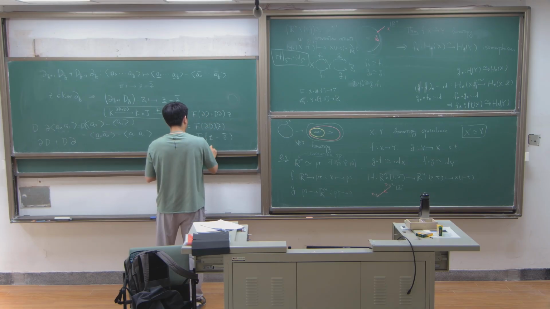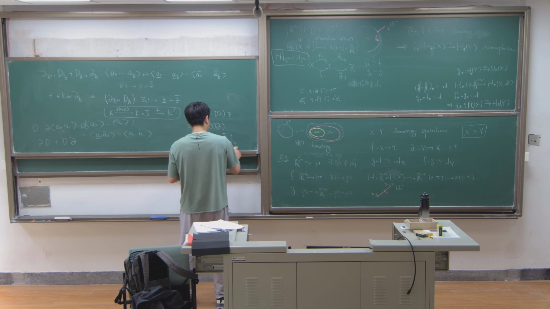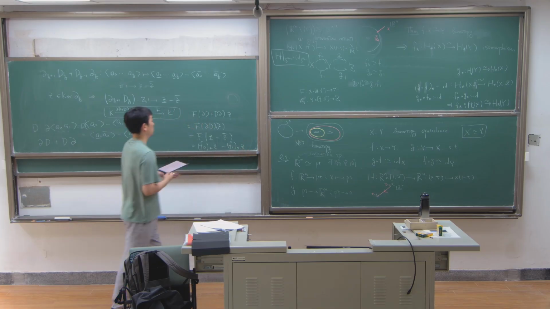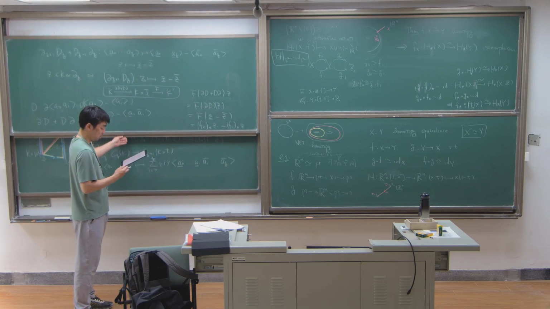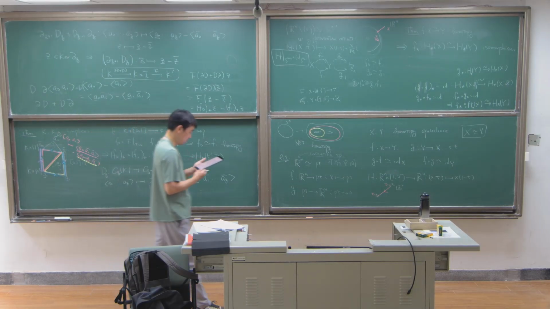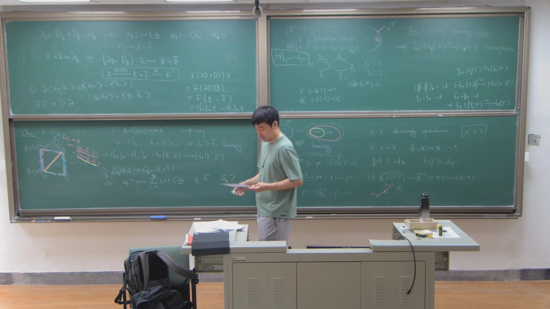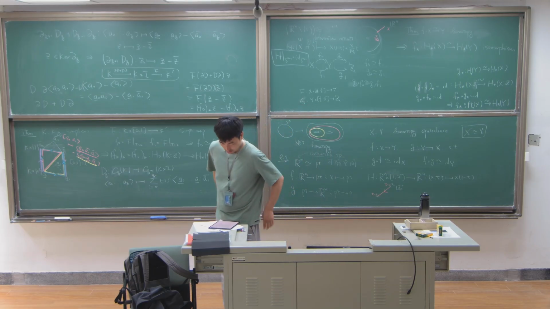f0 star Z minus f1 star Z. Okay, so just like this. Is it okay?